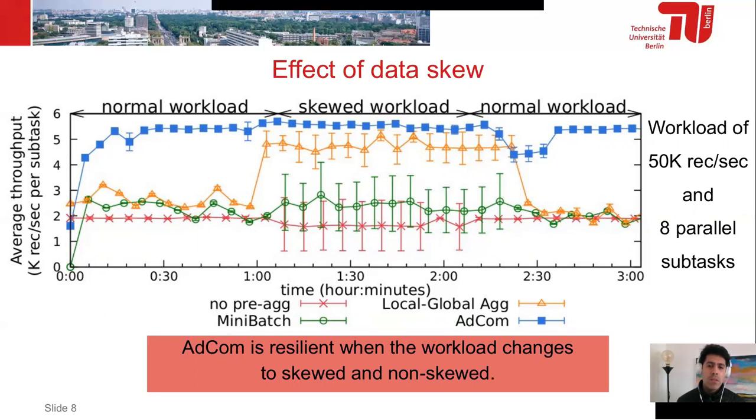In comparison, ADCOM had no back pressure, and the result is that we can achieve the highest throughput. And when we change the workload to a normal workload again, ADCOM spent about 20 minutes to adjust to the highest throughput. And this time it was because ADCOM was again adjusting the time to pre-aggregate to a different workload.